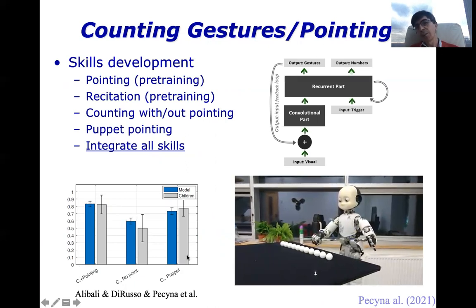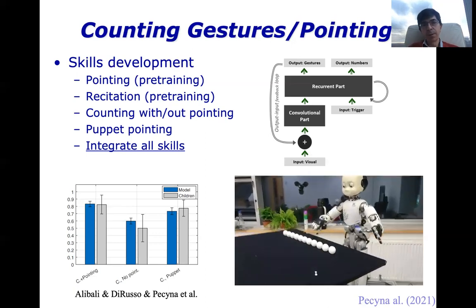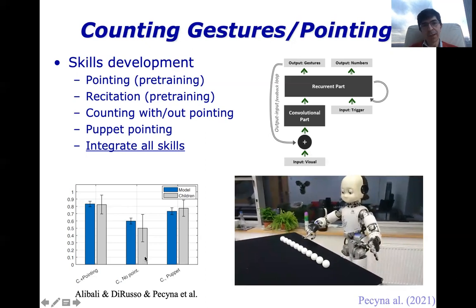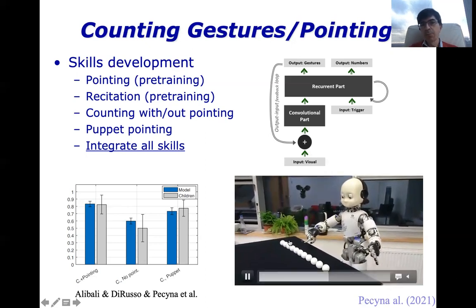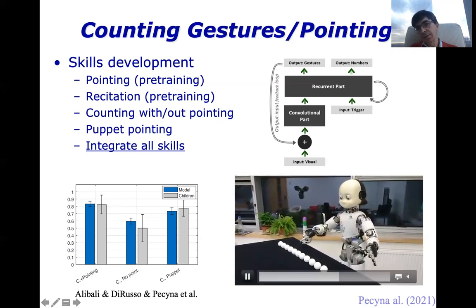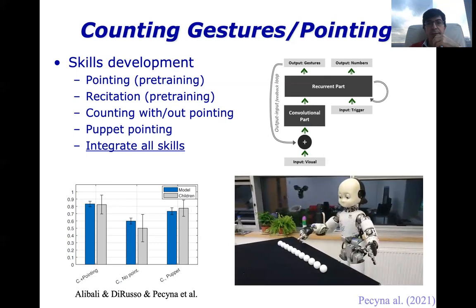But also you could have a puppet that points in the experiments, and in our case, you can have the iCub that follows a puppet that points rather than the iCub performing its own pointing gestures, in this case to count. This was implemented using partially a convolutional neural network and, of course, a recurrent architecture in a real world. So we collected data from the iCub, we did some data augmentation to increase the data set. And you can see the iCub counting there.